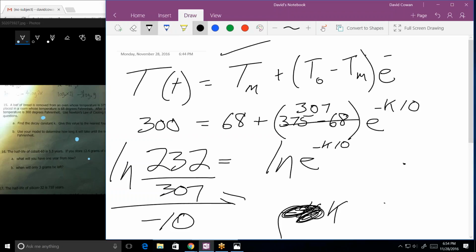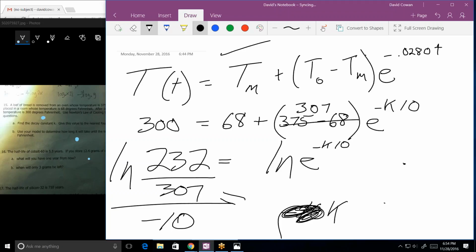I'm sorry? 0.028. To 4 decimal places. That's to 3. Sorry, 0.0280. And then you round it off to get that? No, it was 0.028011. Okay. So yeah, that's correct. Yeah. You rounded it off.